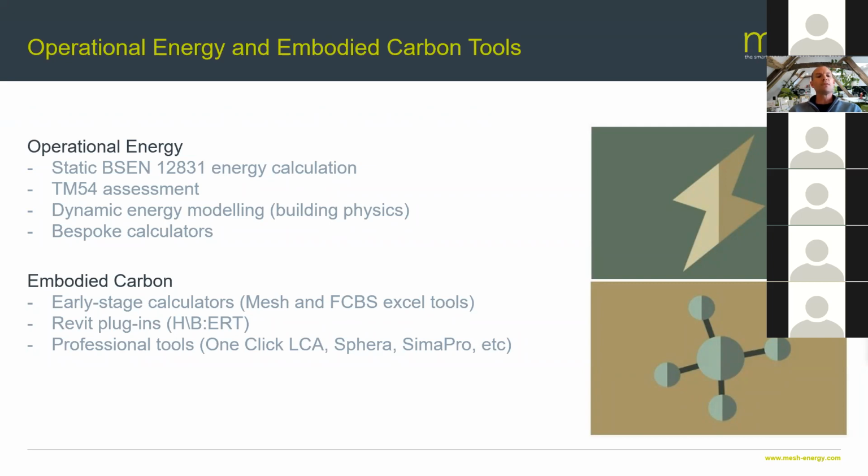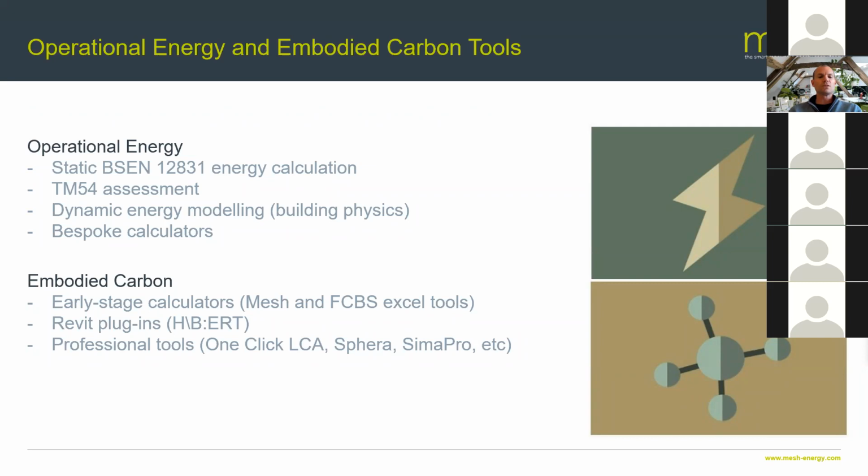For embodied carbon, there are a number of tools, and two in particular, ours and Feilden Clegg Bradley Studios' Excel embodied carbon calculators. Those are free, and again will remain so for the foreseeable future. You've got plugins for Revit. If any of you use Revit, you've got HBERT, which is a free tool.